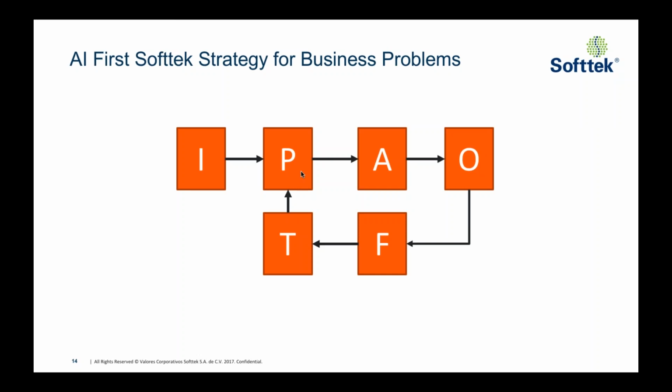I am getting some questions, so I'm trying to answer them right away. The question was, what were the letters again? Let me repeat the flow: input, prediction, action, outcome, training, and feedback.